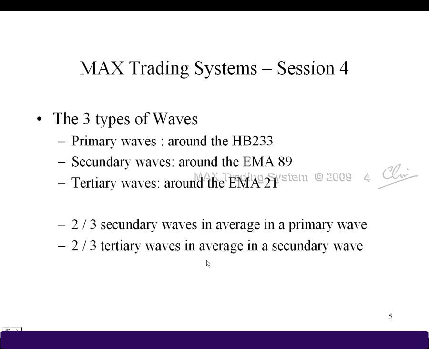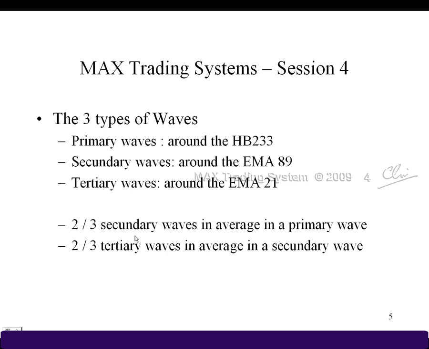We have then seen a very important concept in the second part of the session: the types of waves, the primary, the secondary, and the tertiary wave. The primary wave is around the home base, the secondary wave around the EMA 89, and you know that there will be, on average, 2 to 3 secondary waves in a primary wave, and the tertiary wave around the 21 moving average, and there will also be, on average, 2 to 3 such waves in a secondary wave.